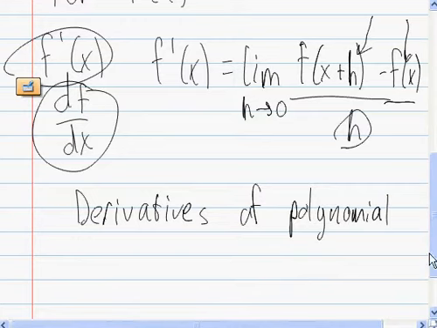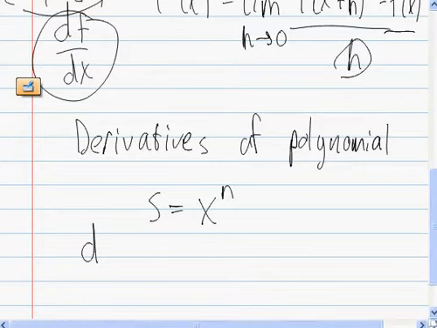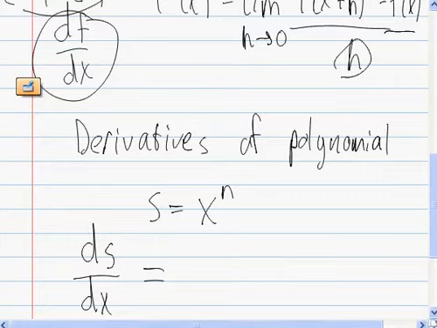If I have some function s equals x to the n, that means, this is going to be fun to write, if I take the derivative of s with respect to x, that's going to be n, the power here, times x to 1 power less.